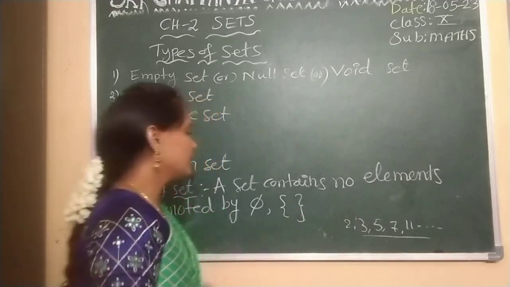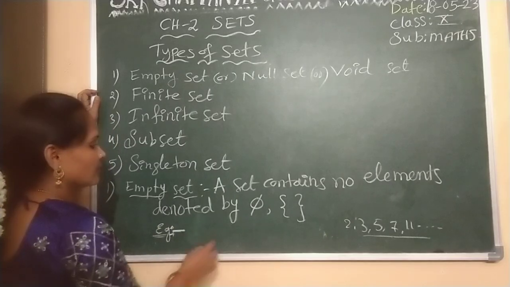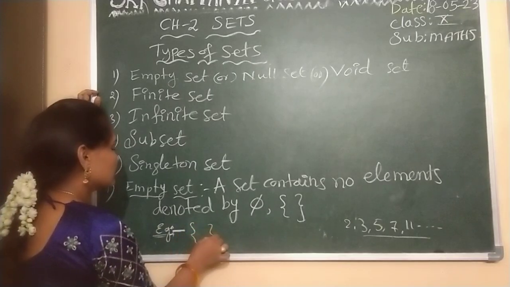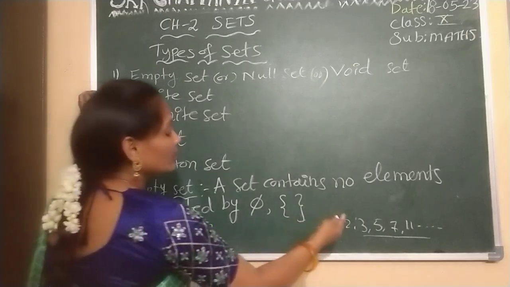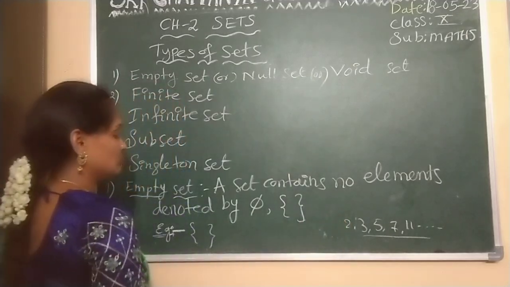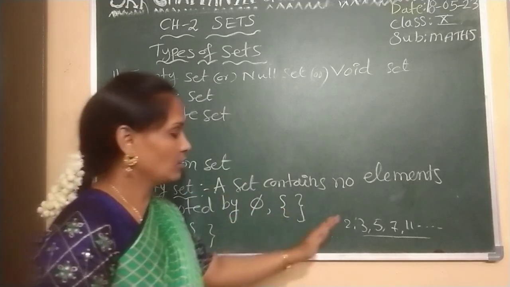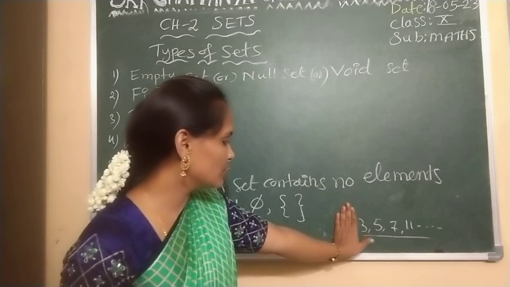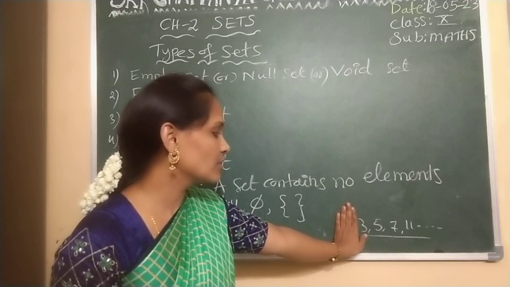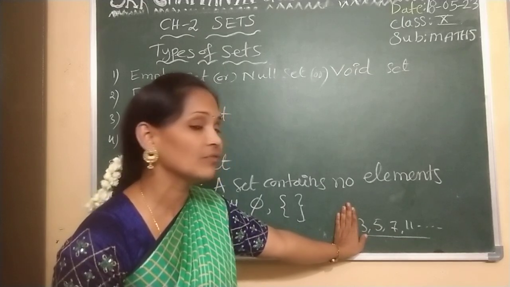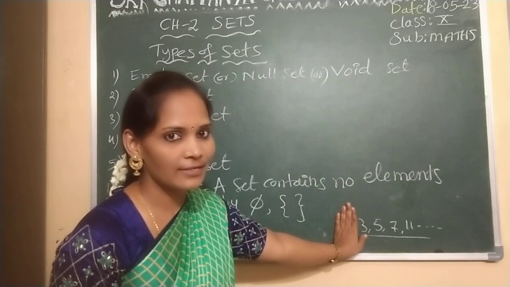So here we can take it as an empty set, a set which contains even primes greater than 2. From 3, 5, 7, 11, these are the prime numbers, but there are no even primes. That is called empty set or null set. Understand?